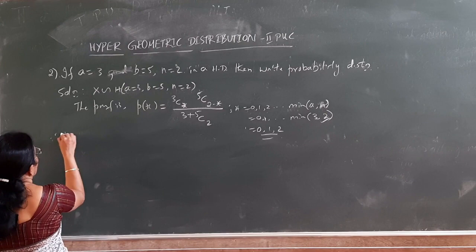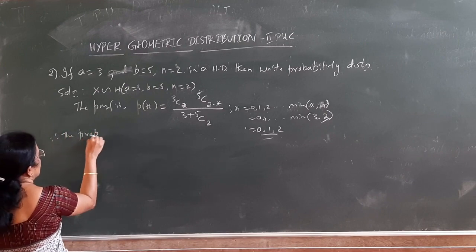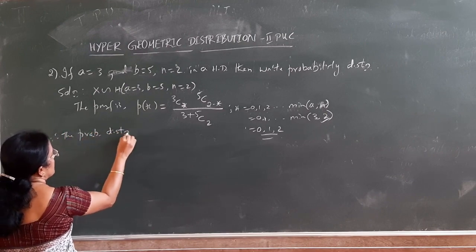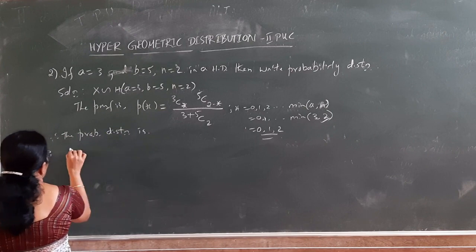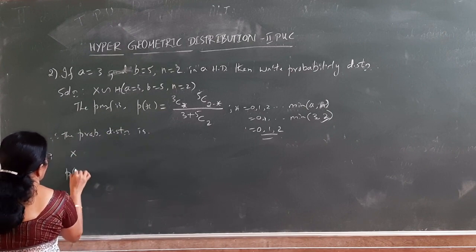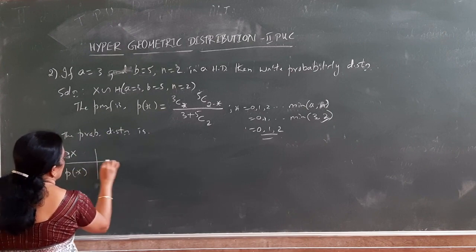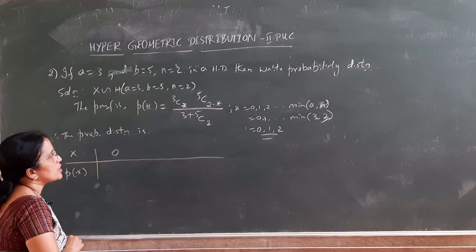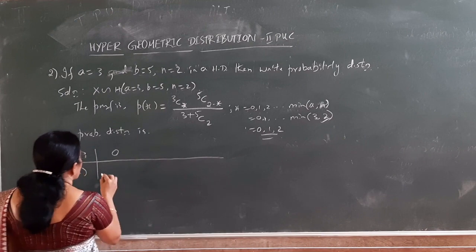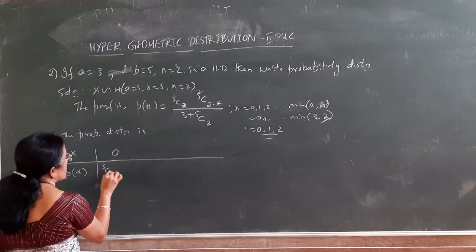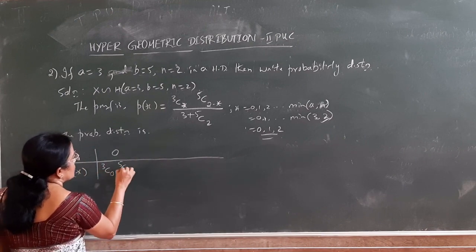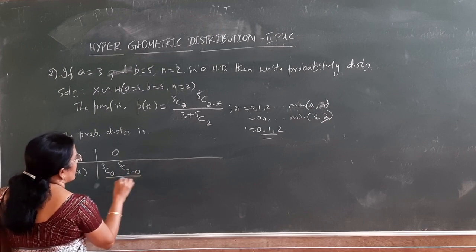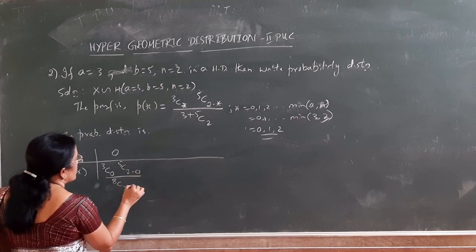Next, write therefore the probability distribution is given by x, P of x. Now substitute the different values of x. Only 3 values. First put x is equal to 0 in the probability mass function. You will be getting 3C0, next 5C(2 minus 0), divided by 8C2.